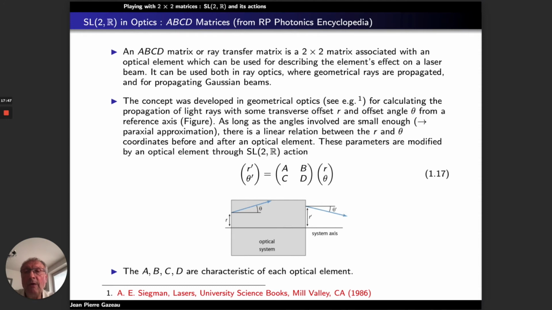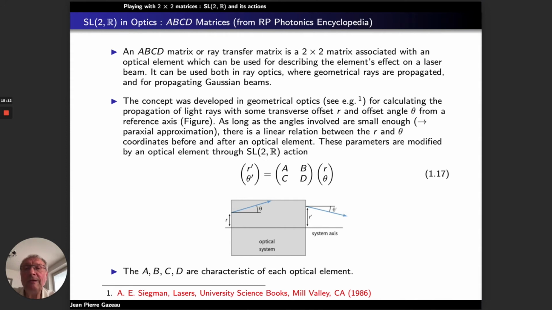So in optics, people are used to the notation capital A, capital B, capital C, capital D matrix, instead of small a, small b, small c, small d. You know, every field in physics has its own notations. And so we have to be used to go from one notation to another one.